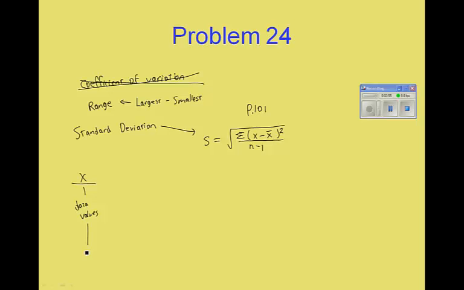Now, I'm not sure I want to write them all out, because that's a lot of work. And you know your mathematics: when you see a big, ugly formula like this, what do you do first? Inside the parentheses, that's right. So I'm going to make another column here that says X minus X bar. I could work out what those are, because that's what I do first.